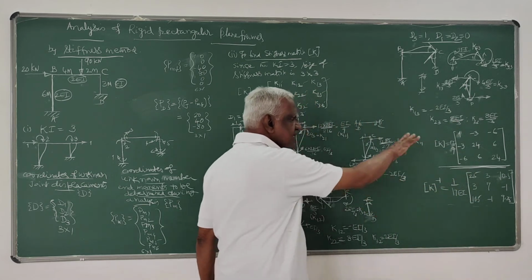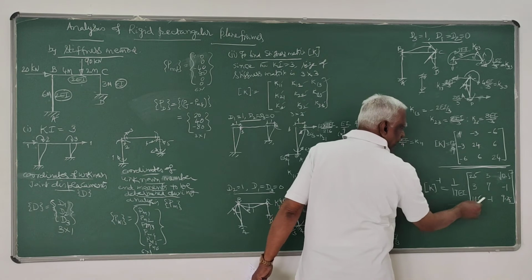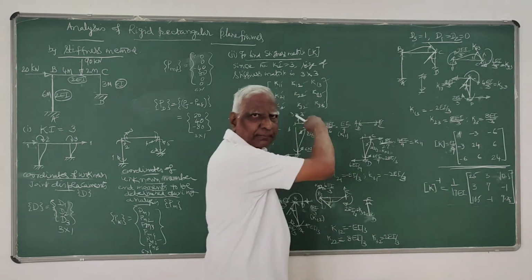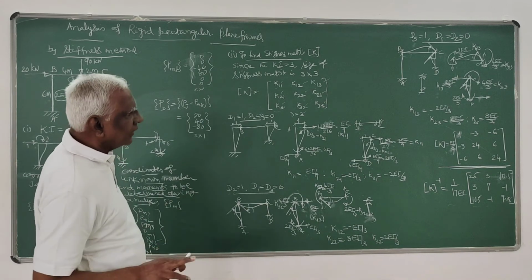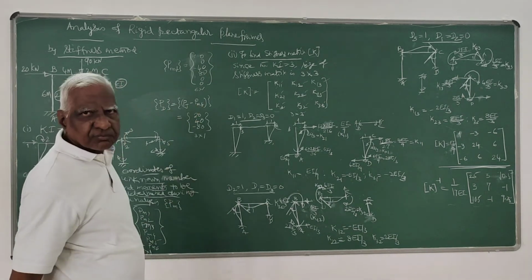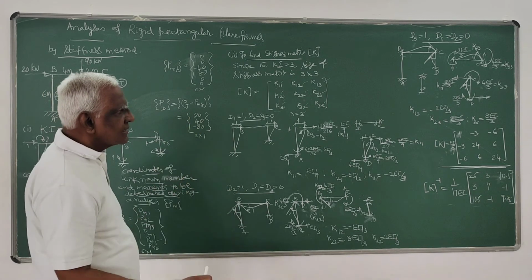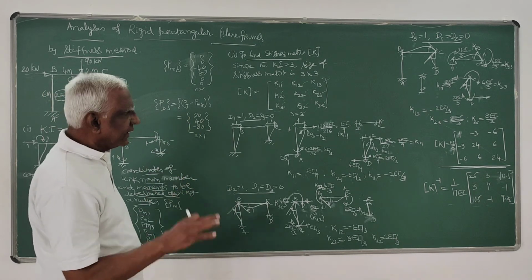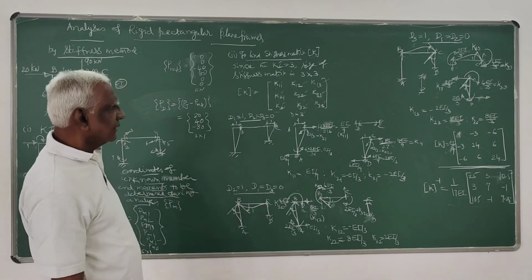It is also a symmetric matrix. You can see 3, 10.5, 10.5, minus 1, minus 1, about the leading diagonal, it is always symmetric. This is an important property of the stiffness matrix: it is always a square symmetric matrix, both the stiffness matrix as well as its inversion.